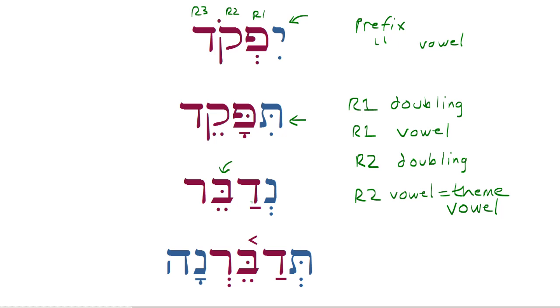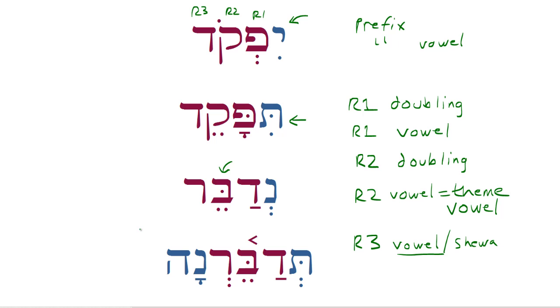So the theme vowel is the R2 vowel, and then finally we would look at anything having to do with the R3. In this case, the R3 vowel or shewa. We'll just call it the R3 vowel for convenience. Notice that here it is a silent shewa.